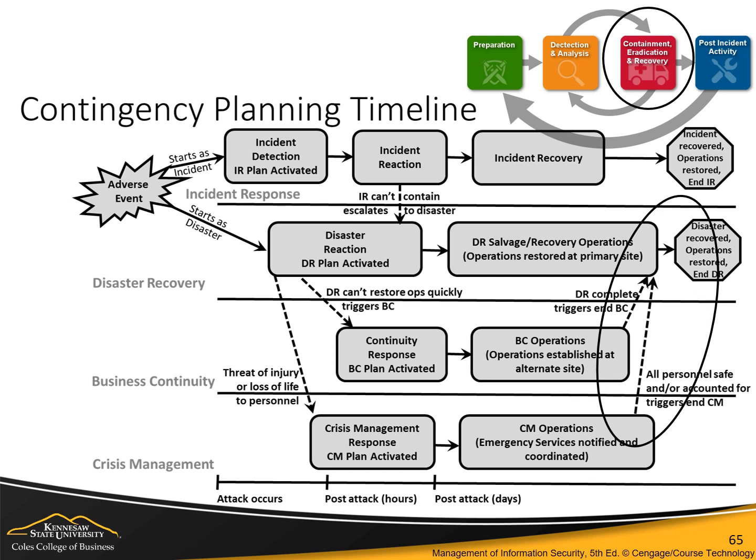If the disaster threatens injury or loss of life to personnel, crisis management response is activated. Once all personnel are safe and/or accounted for, the crisis management plan ends, although business continuity planning and disaster recovery planning may continue for some time afterwards.